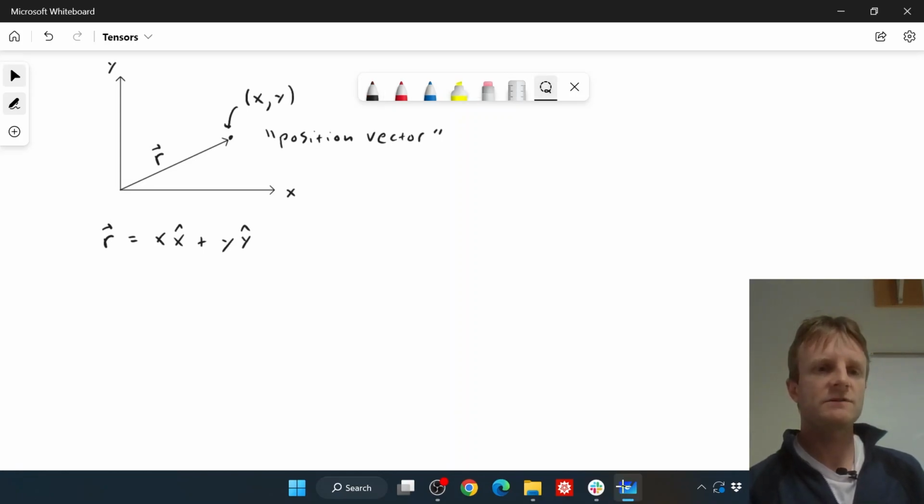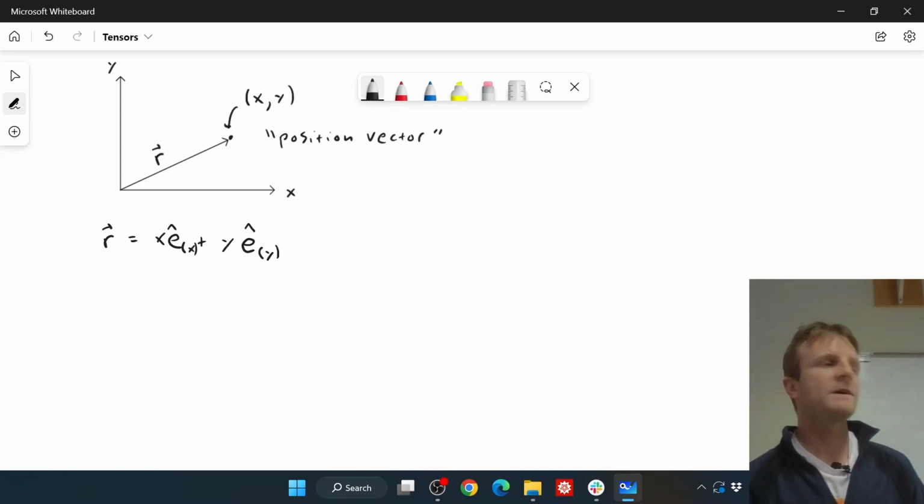Now I'm going to change the notation a little bit just to be consistent with what we're going to do. Instead of x hat and y hat, I'm going to write them as e hat sub parentheses y, and e hat sub parentheses x.